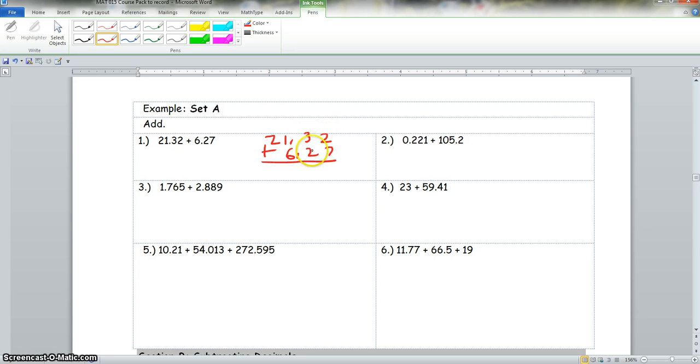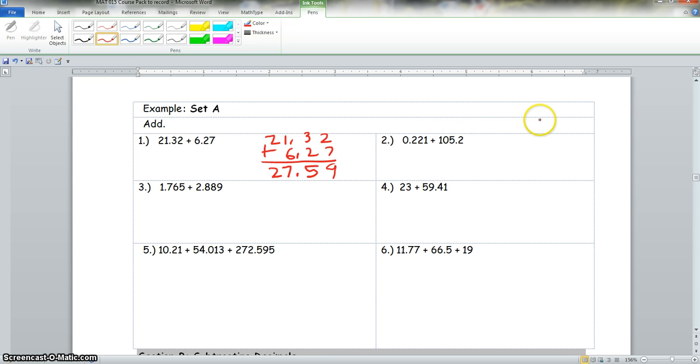This 3 is in the tenths place and so is this 2. We have our decimal point. 6 is in the ones place, 1 is in the ones place. And we have this 2 in the tens place. So we bring our decimal down and we add 7 and 2 is 9, 3 and 2 is 5, 6 and 1 is 7, and we'll bring down our 2. So it's 27.59.